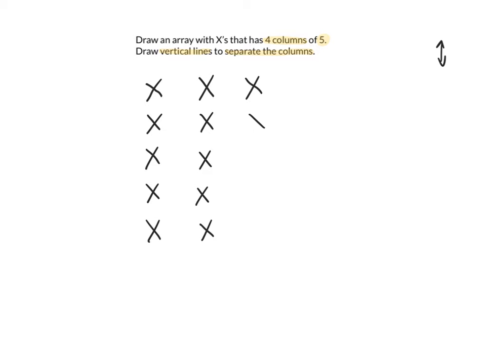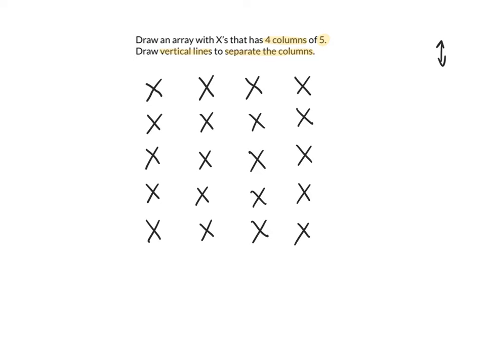Then my third one. 4, 5, and my last column. 1, 2, 3, 4, 5. Okay, so do I have 4 columns? 1, 2, 3, 4. Are there 5 in each column? 1, 2, 3, 4, 5. Yep, and I counted it out loud too to make sure that I was doing it right.